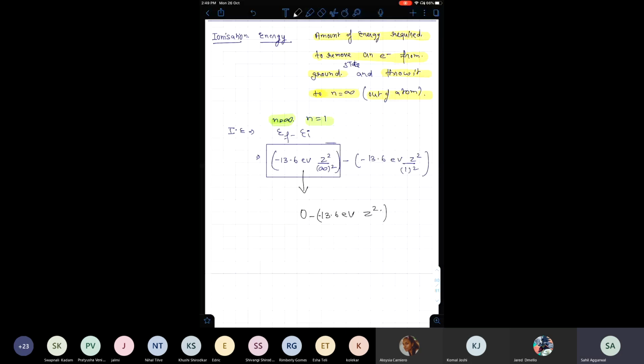So this will be plus 13.6 electron volt, but multiplied by Z square will also be there. Any problem to anyone?